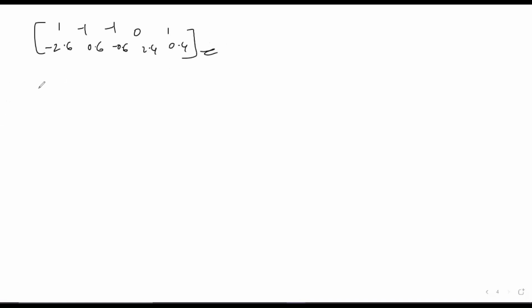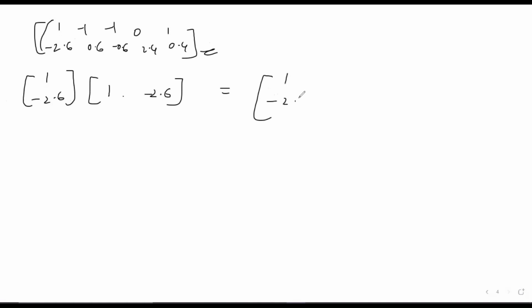Now, let's calculate them separately and then add them. We take 1 and minus 2.6 and multiply it with its transpose, taking the dot product, and we'll get the values. 0.6 times minus 2.6 gives 6.76.